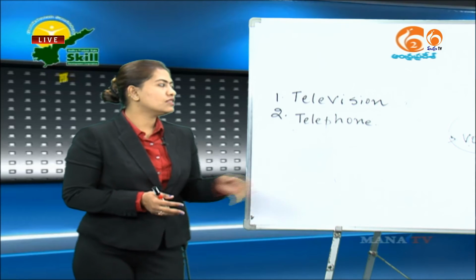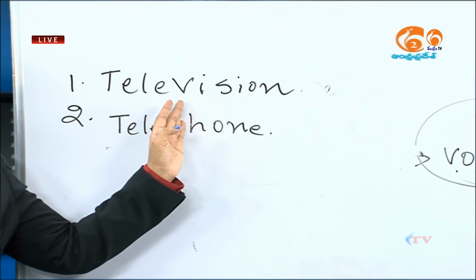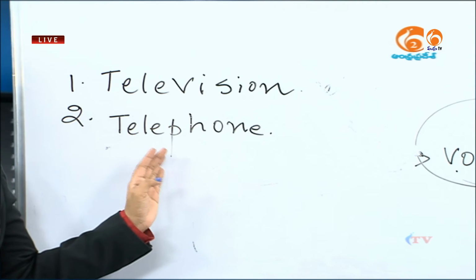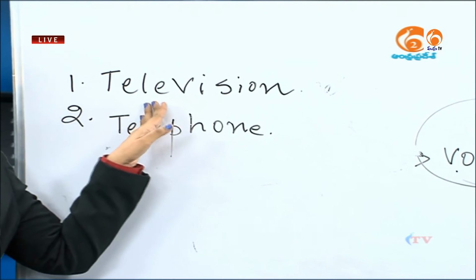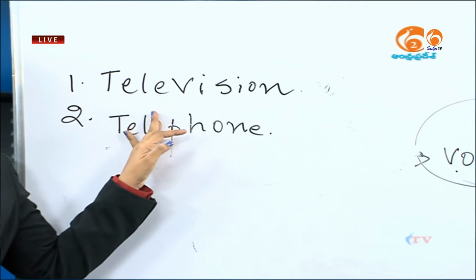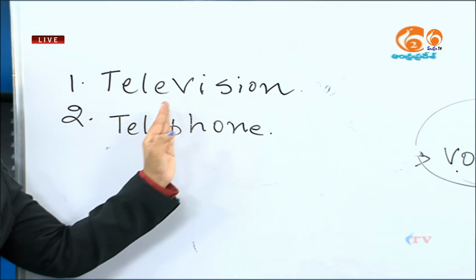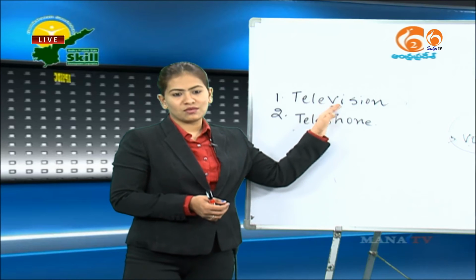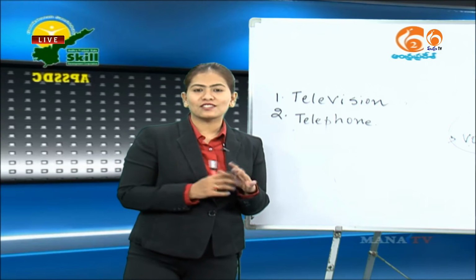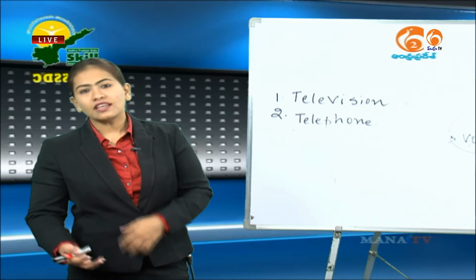So the first word has schwa in part of the pronunciation, and the second word again has schwa in it. That's why the first word is pronounced as television and the second as telephone. If I say it by the letters, then I'm going by the letter, and English is not a letter language.